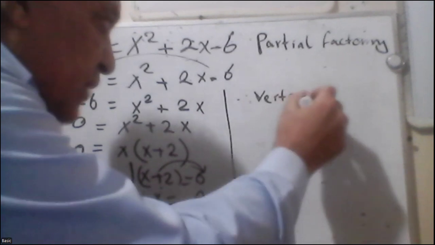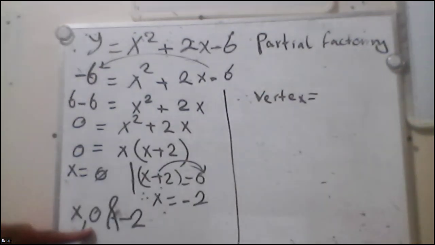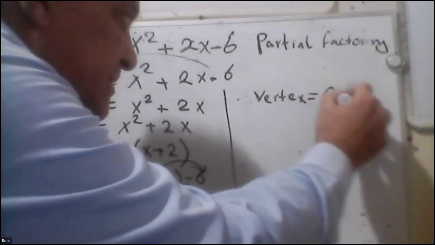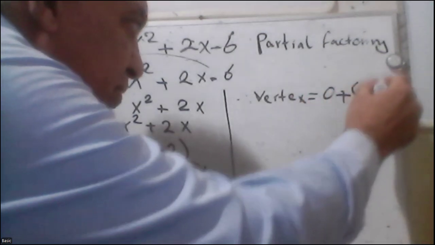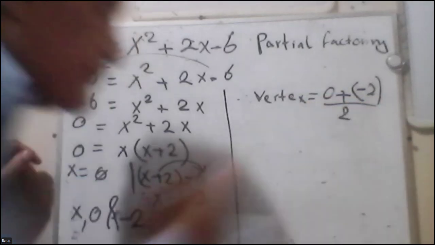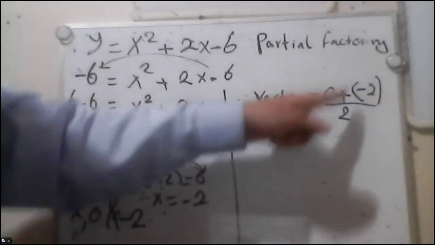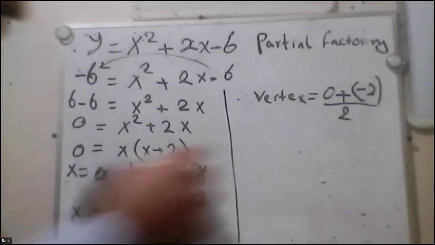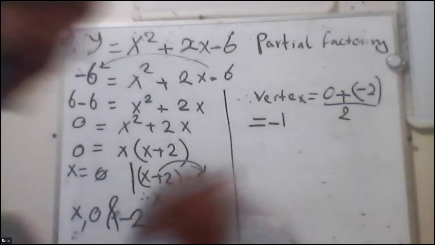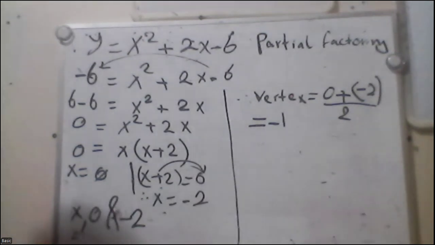The x vertex will equal the average of both of them, so it will equal 0 plus minus 2, divided by 2. So minus 2 divided by 2 will give me minus 1. Then the vertex here will equal minus 1. Cool. That's nice.